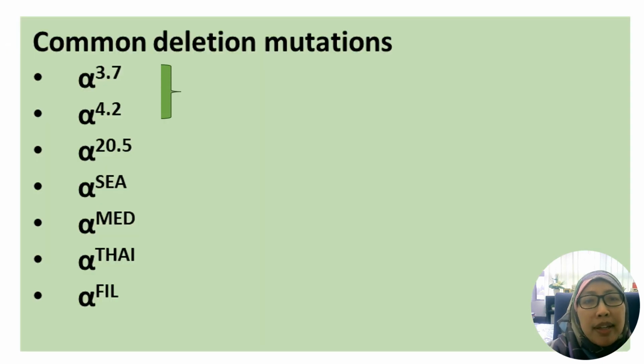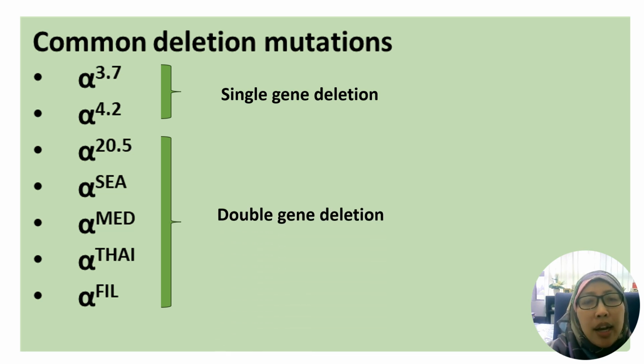To recap again, we have common single gene deletion mutations which are alpha 3.7 and alpha 4.2, and double gene deletion mutations which are alpha 20.5, alpha Southeast Asia, alpha Mediterranean, alpha Thai and alpha Filipino.